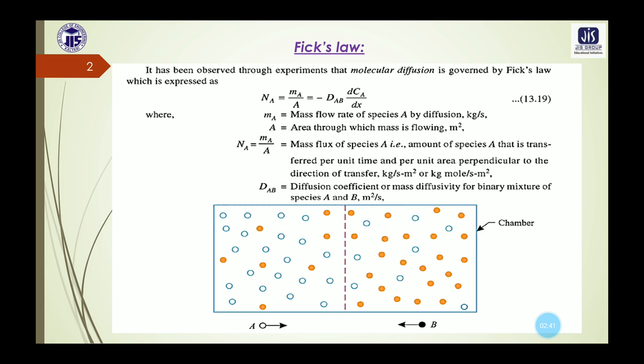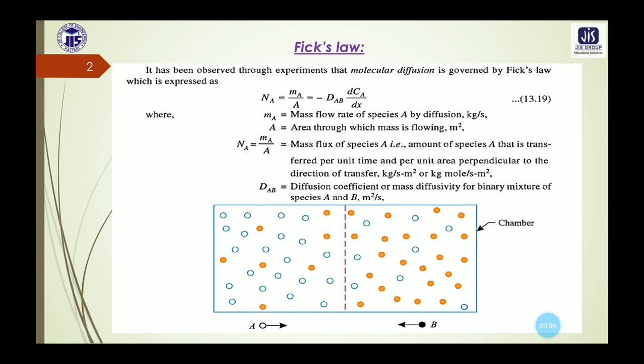Now we have studied there are three different modes of mass transfer: number one is diffusion, next is convection, and number three is mass transfer by change of phase. The diffusion mass transfer concept we have discussed in detail.